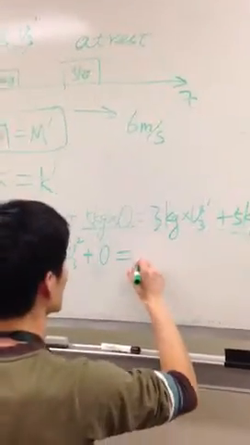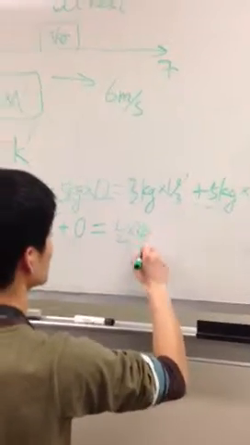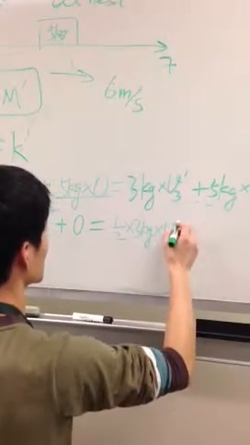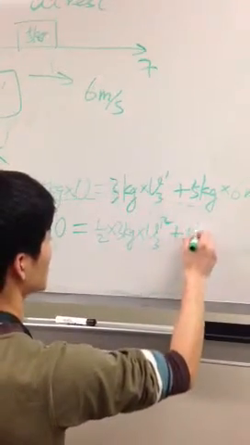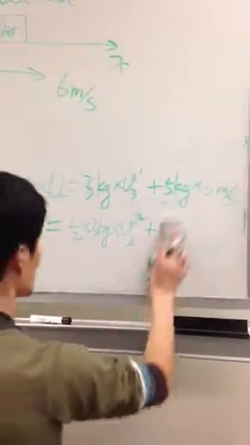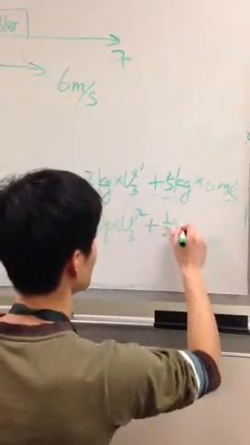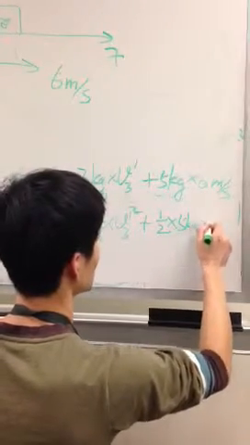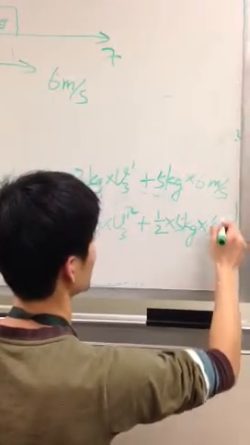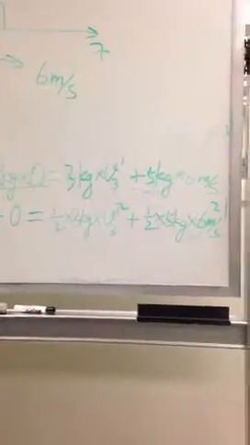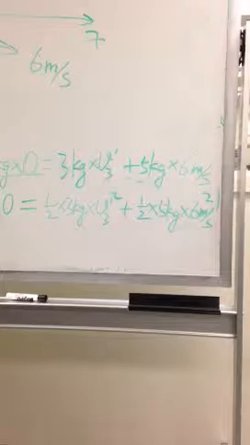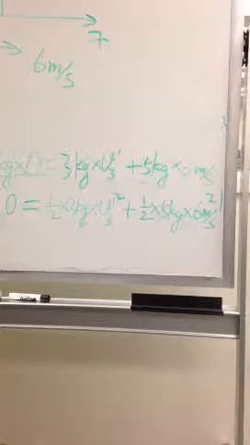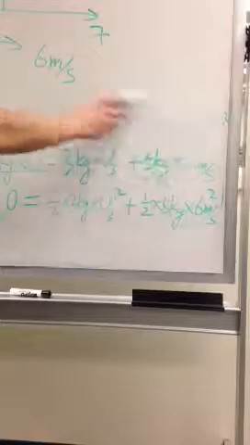And then 1/2 times 3 kilogram times the velocity after the collision squared, plus 1/2 times 5 kilogram times 6 meters per second squared. So the initial kinetic energy is equal to the kinetic energy after the collision, right? And then you need to solve this.